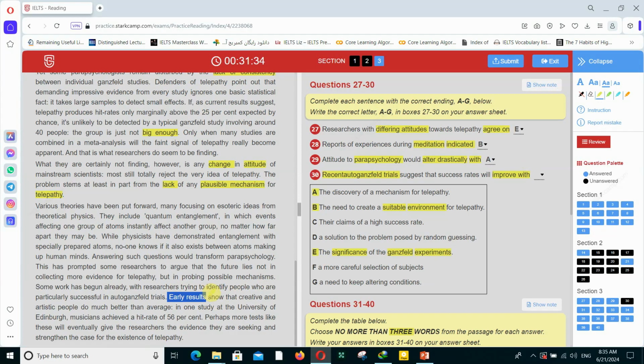Their claims of a high success rate, no. A solution to the problem posed by random guessing, no. A more careful selection of subjects. This is the answer, because here it says that creative and artistic people do much better than average. So F is the answer for this question.